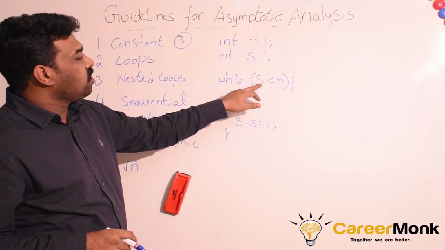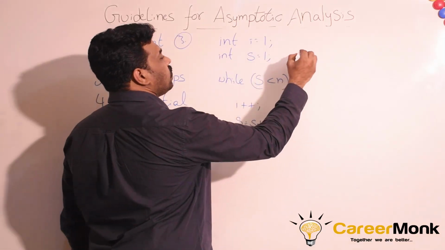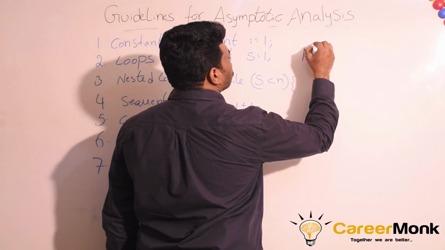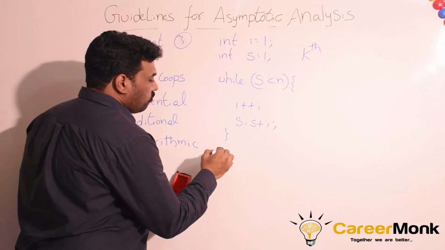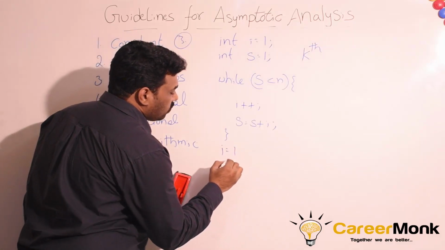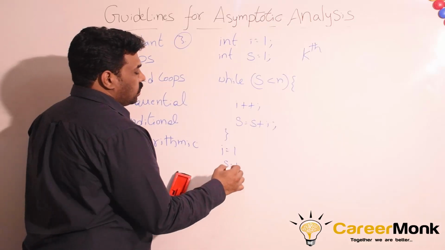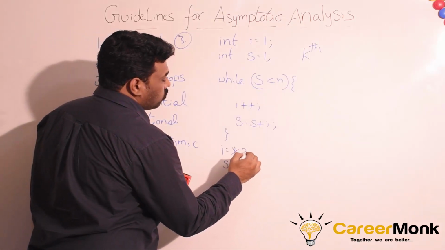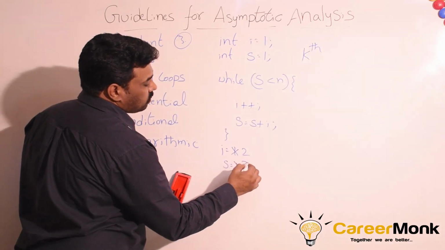Since we don't know the value of s at which we are coming out of the loop, let us assume we are coming out of the loop at kth iteration. In the first iteration, the value of i is 1, value of s is 1. In the second iteration, the value of i is 2. We are adding 2 to the current value of s, it becomes 3.